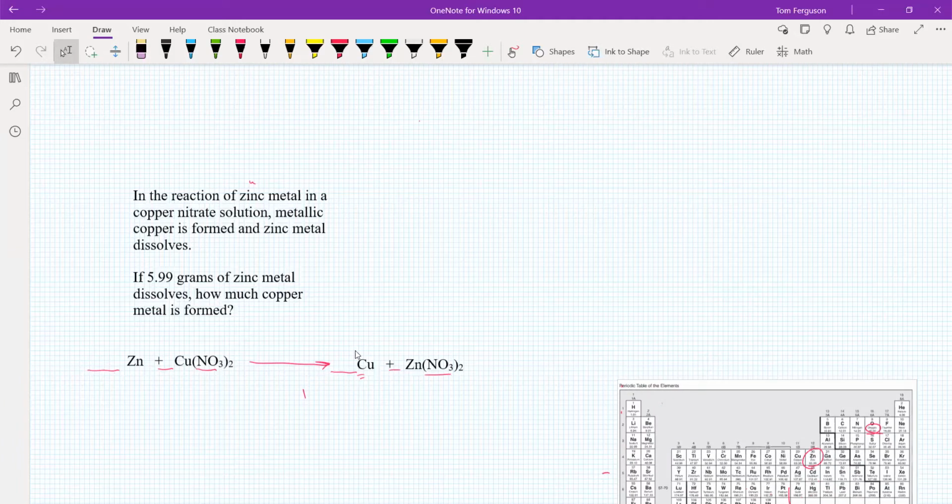We have the reaction of zinc metal in a copper nitrate solution. Metallic copper is formed and zinc metal dissolves. Now this would be a single replacement reaction.